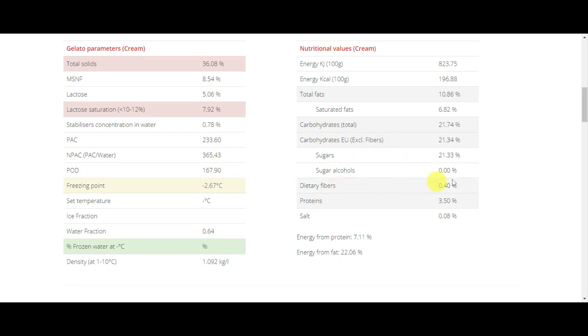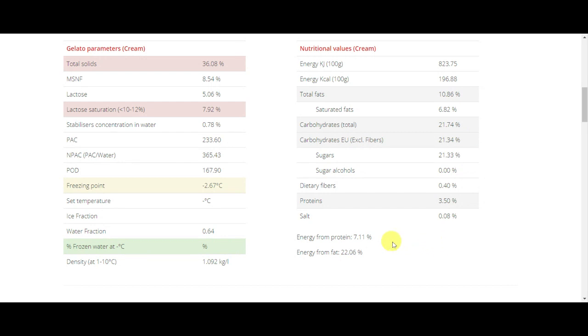In USA, on the other hand, carbohydrates also include fibers. So the values for carbohydrates total, it's the same as carbohydrates EU plus dietary fibers. Of course, these values will be correct if you put the correct values in your database.